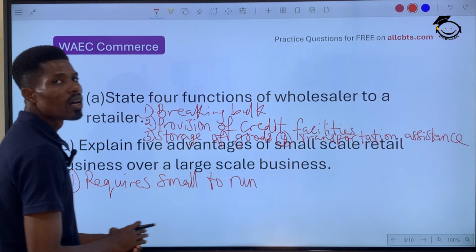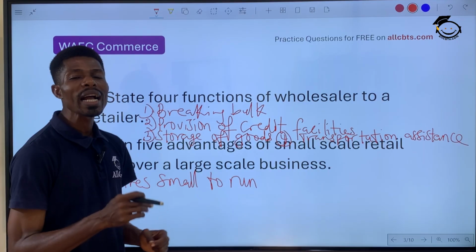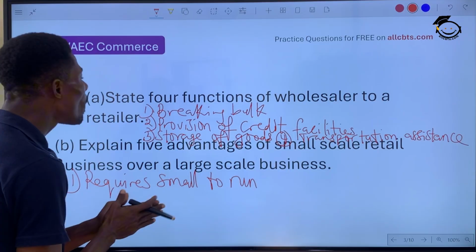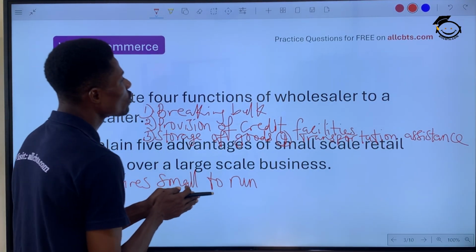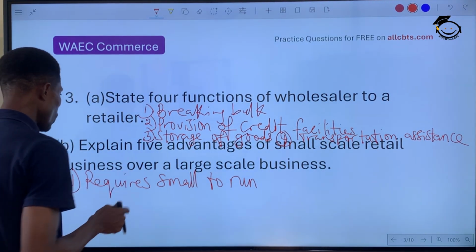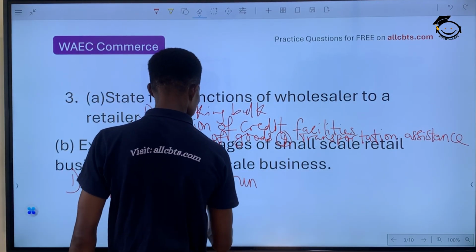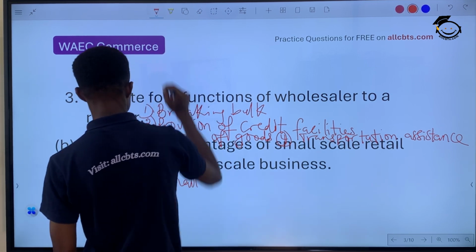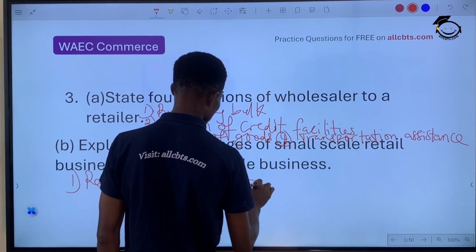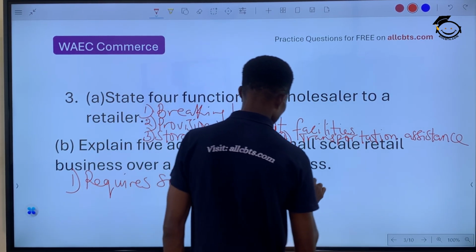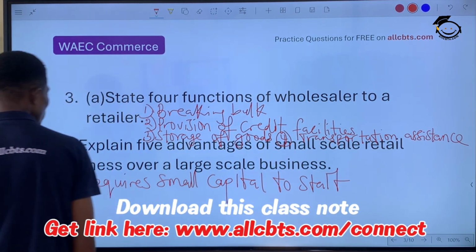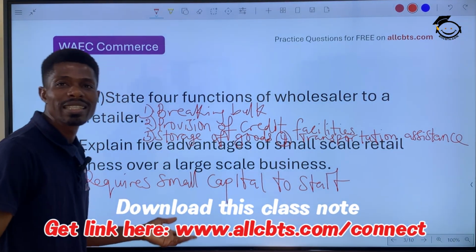It requires what? Small capital to start. What does this mean? Little is what is needed to start this business.